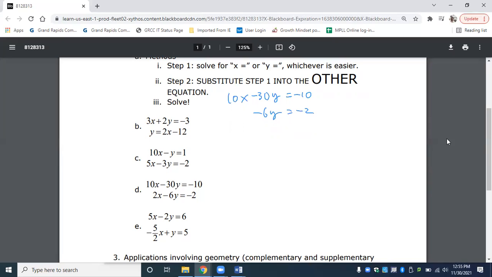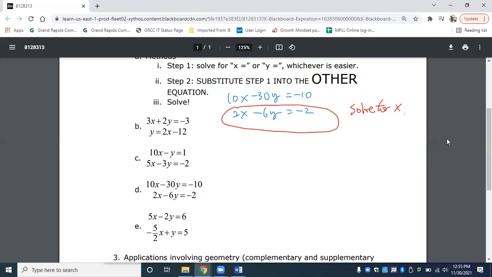Erased something by accident, sorry. I'm going to take the second equation and solve for x.